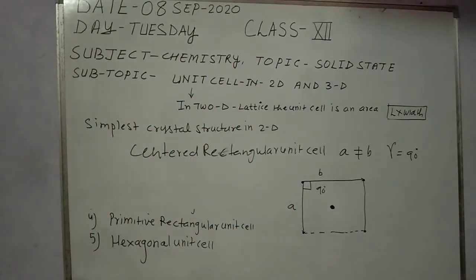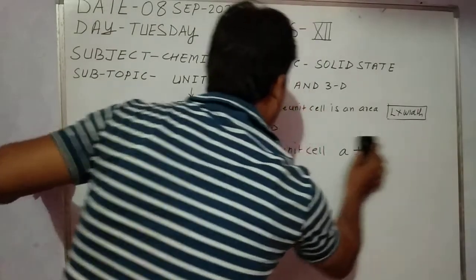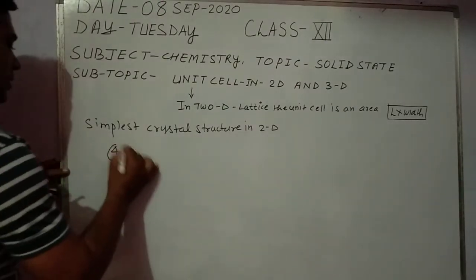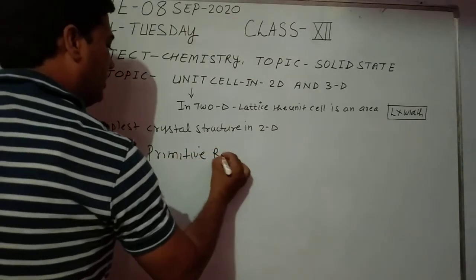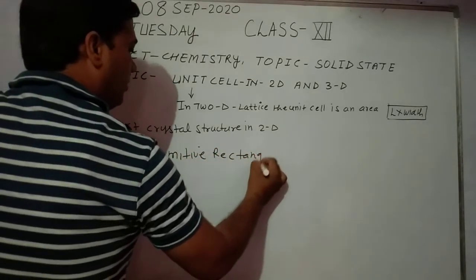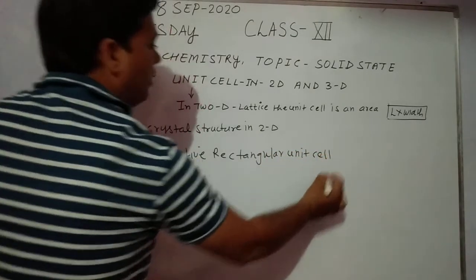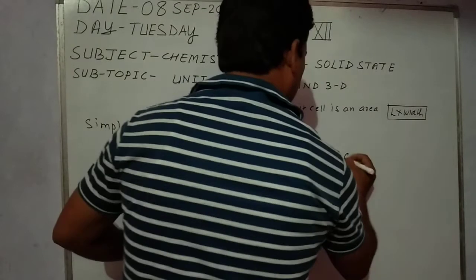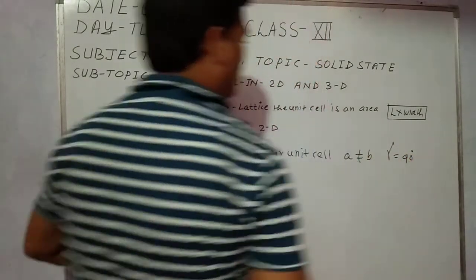Next one is primitive rectangular unit cell. Fourth one is primitive rectangular unit cell. In primitive rectangular unit cell, A is not equal to B but gamma is equal to 90 degree.